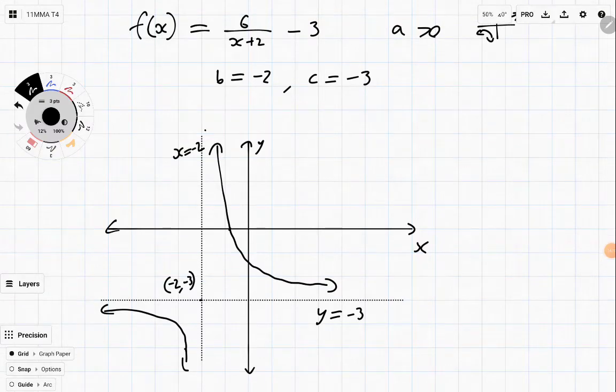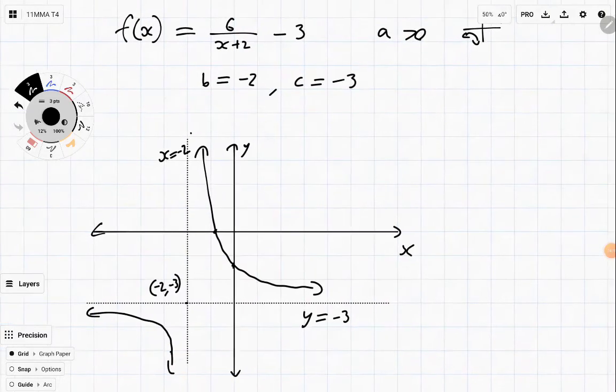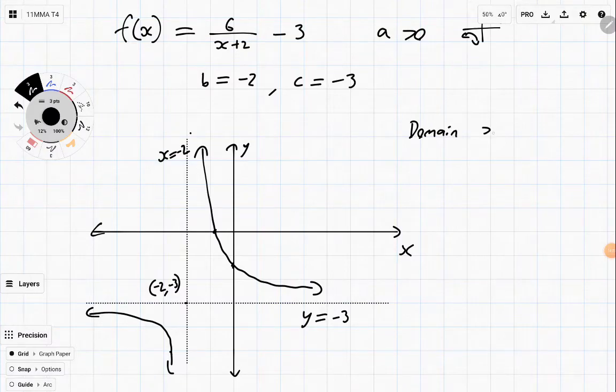So let's see if we can find those. Oh, we'll do domain and range first. In this case, the domain is going to be x is in the real numbers, but we've got this problem value, which is at -2 when we think of the x coordinate. We can think about it: if we subbed in -2 here, we'd get -2 plus 2, which is 0, and you cannot divide by 0.